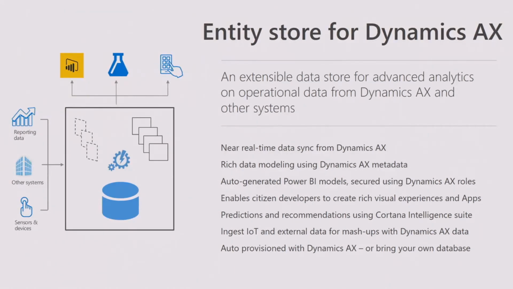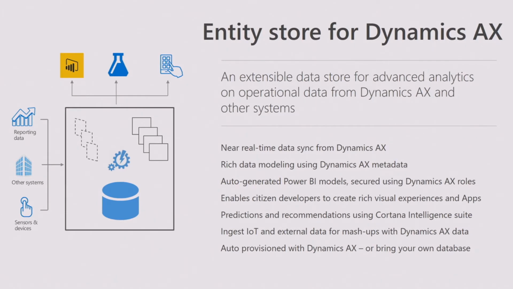You can do it manually, but our thinking is that, in the future, we'll take care of it behind the scenes so that we keep it refreshed and you don't have to work with batch jobs and so on. We want to leverage the rich metadata that's in AX so that when you model an entity in AX, we'll make it easy for you.